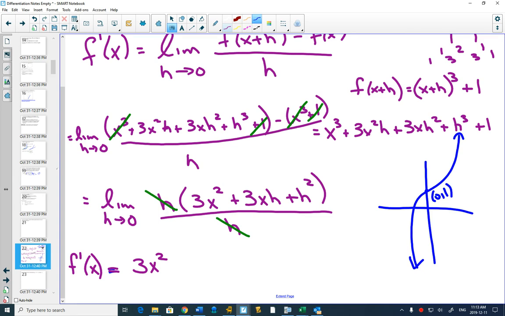Okay? You would have the point 1 comma 2. If you drew a tangent line at 1 comma 2, plug in 1 for x into there, I would get 3. The slope of that line would be 3.